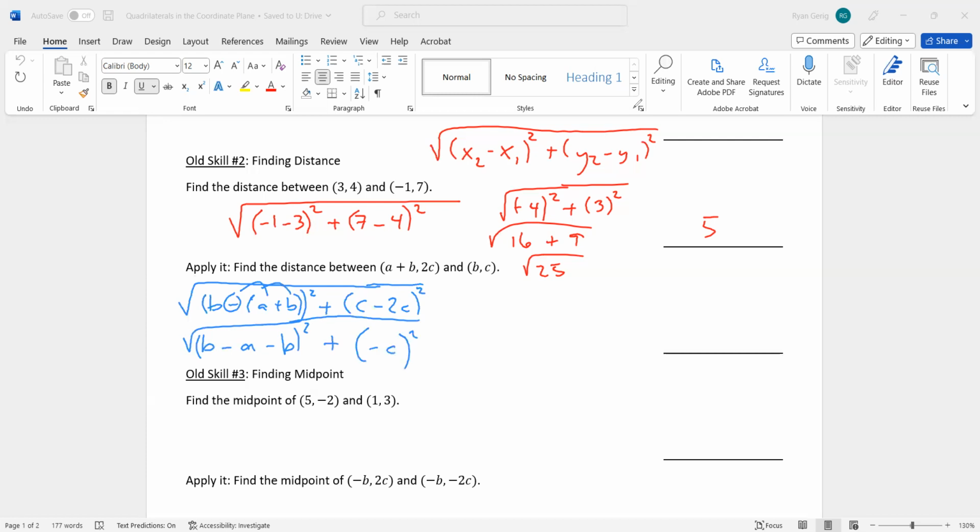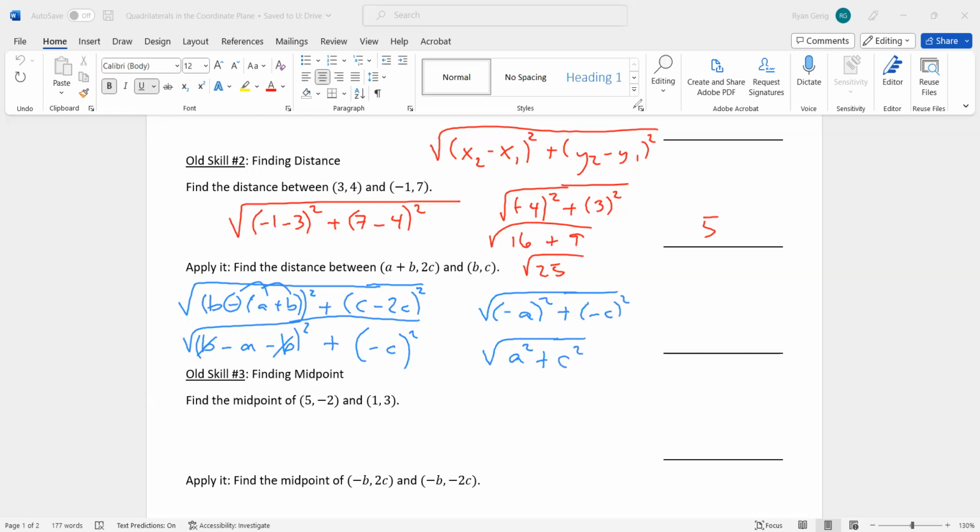All right, so b minus b, those b's actually cancel, and I'm left with -a squared plus -c squared. Well, -a times -a is positive a squared, and -c times -c is positive c squared.